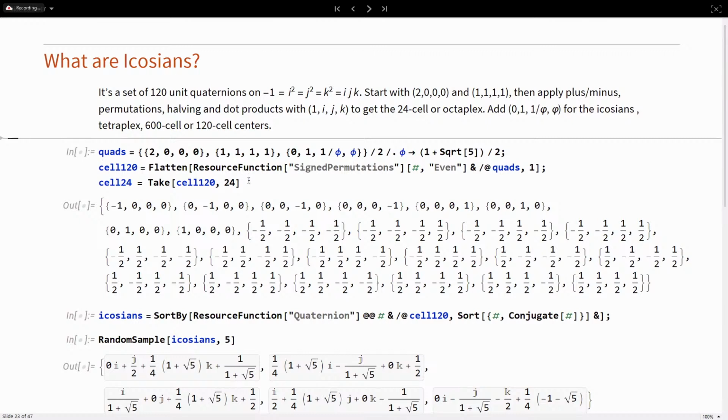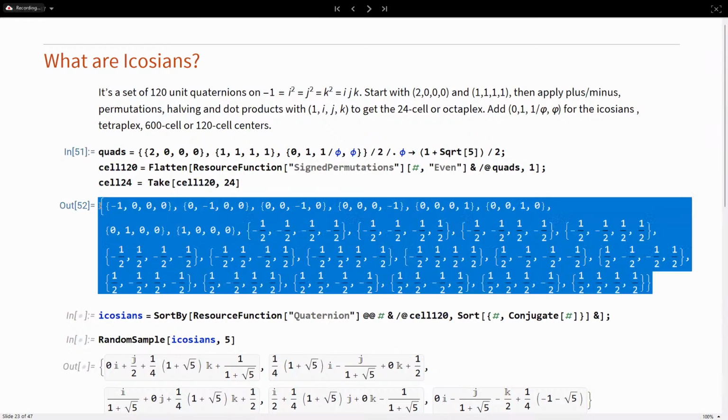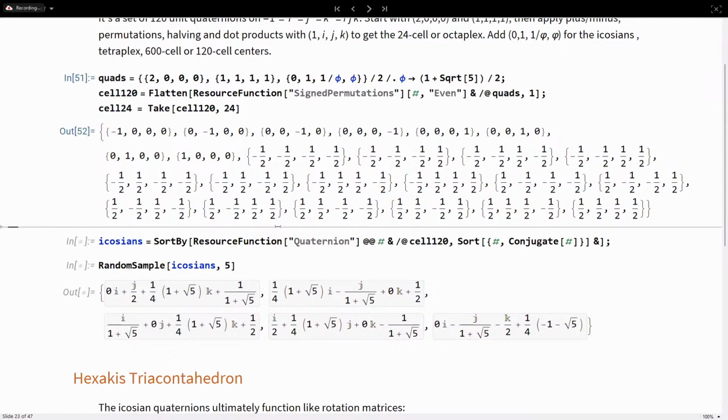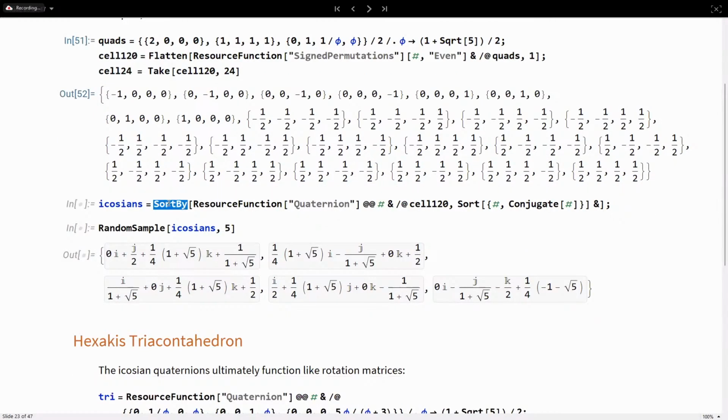So here's code for setting that up. We can just run that, and these first 24 are the vertices of the 24 cell, which is a self-dual object in 4D space. The icosians: we use the quaternion function, and we multiply that by the 120 vectors we've gotten, and we can sort them by their conjugates.